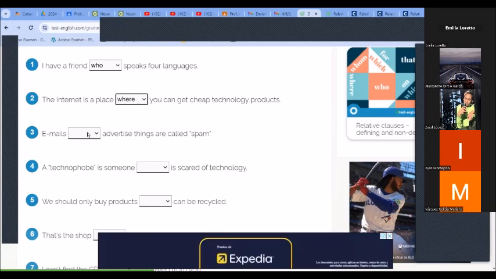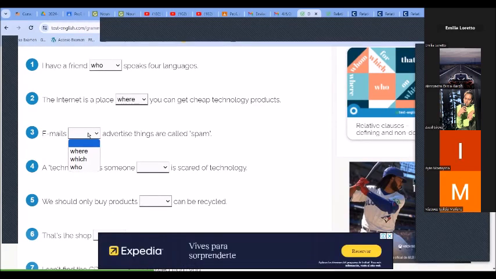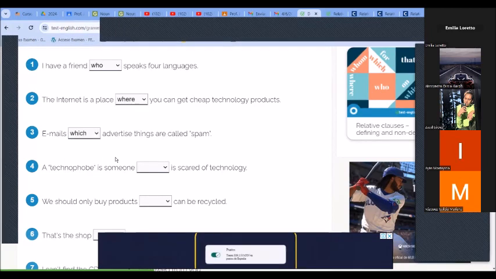Good answer. All right. What about emails, Alessandro? Emails which advertise things are called spam. Yes, those specific emails. All right, good.